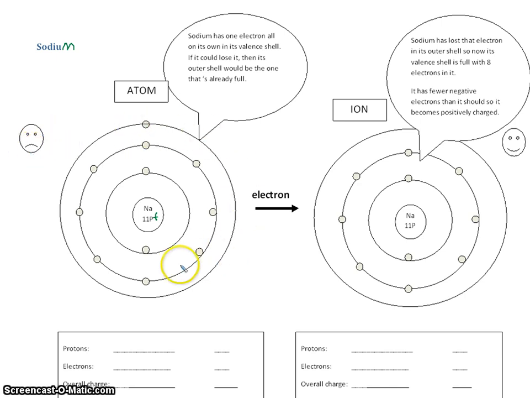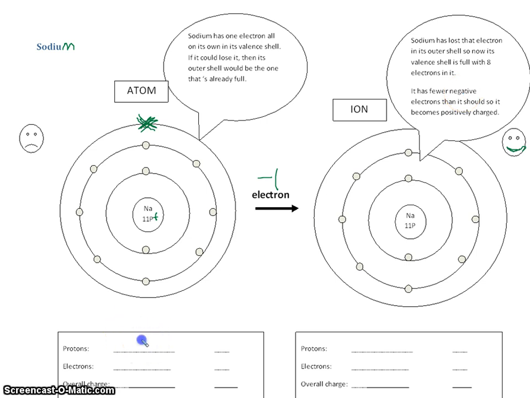Because it's not full. It's just got 1 in its outer level. Now it could go out and steal 7 electrons, but that's a lot of work. It's much easier just to give that one away. Just get rid of it. Now that level is empty, so this is its outside. And it's full, it's got 8. So it's happy.